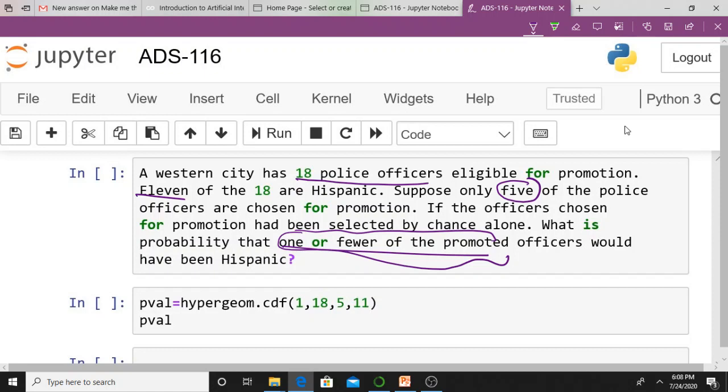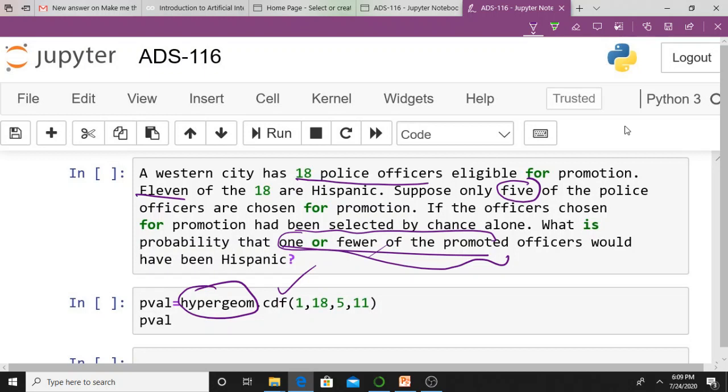Here we have to find the cumulative distribution function, CDF. For this I am going to use hypergeom.cdf. That is what the definition of CDF says. Even in the PowerPoint example, we said that the cumulative distribution function evaluated at 7 is the probability of drawing 7 or fewer red marbles. Here 1 or fewer promoted means I must find the CDF at 1.